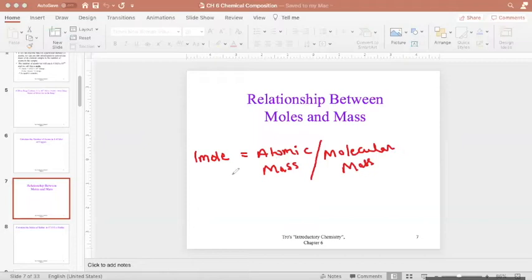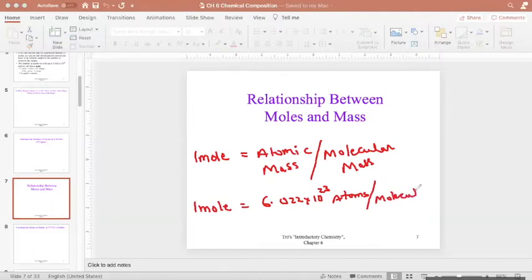So this is the relation between mass and mole. And we already talked about the previous relation, which is 6.022 times 10 to the power 23 atoms. If we're talking about an element, then we write atoms. If we talk about a compound or molecule, we write molecules instead of atoms.